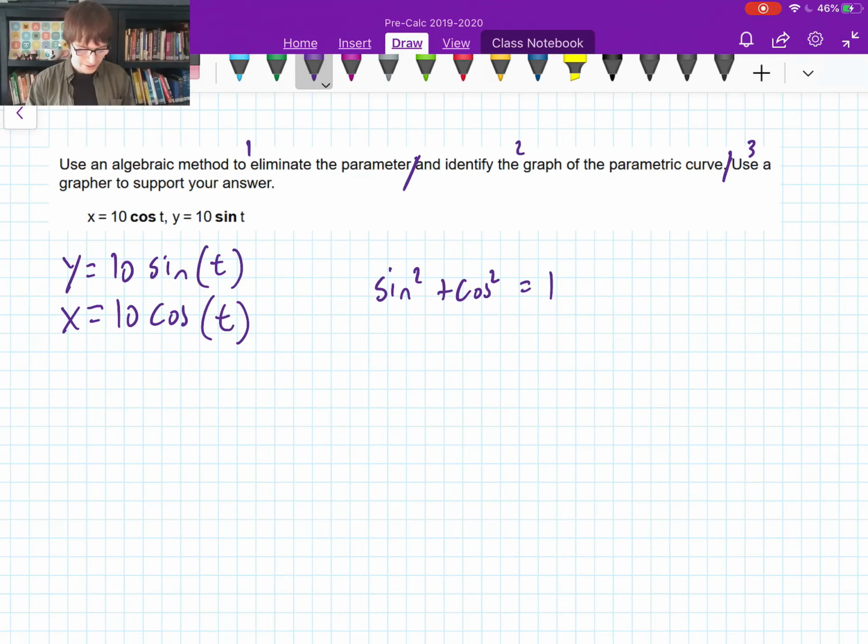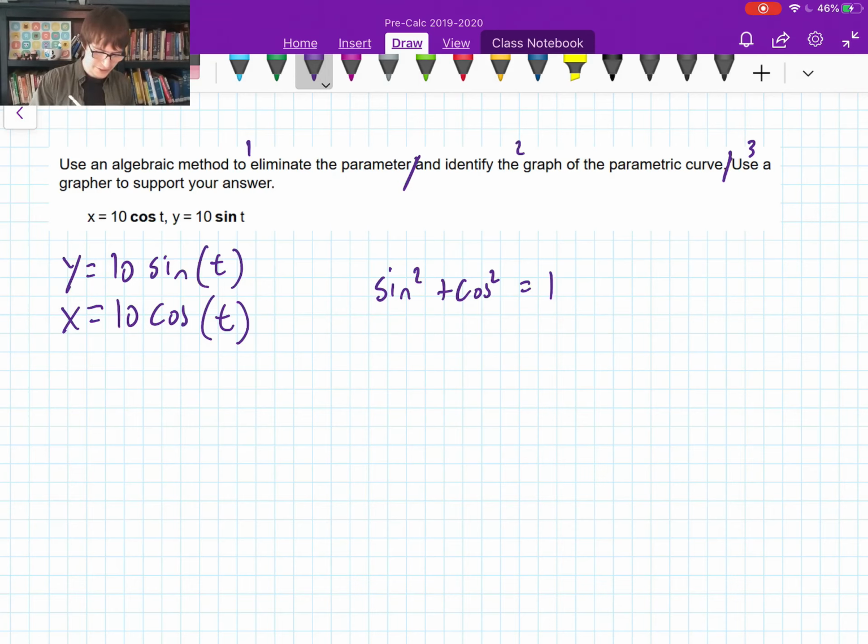If we square both sides of each equation, we get sine squared and cosine squared. Then if we can add the equations together somehow, combine them, we can maybe eliminate it. Let's start by finding a way to get sine squared and cosine squared.